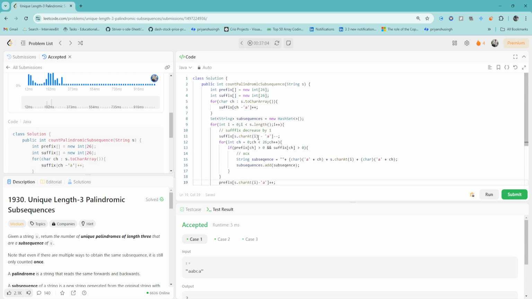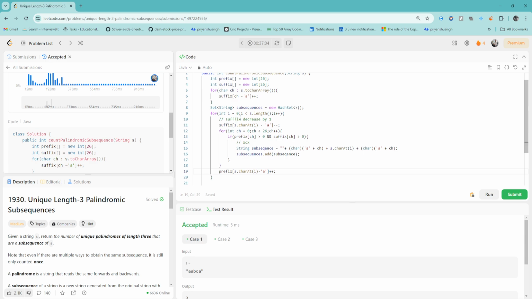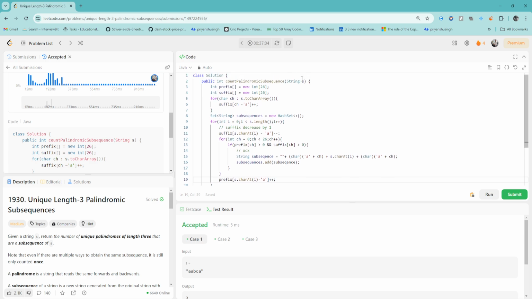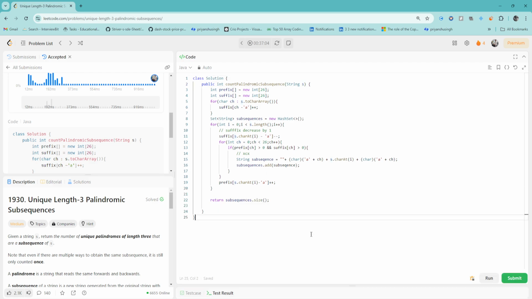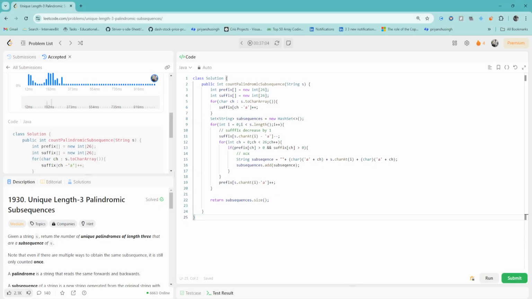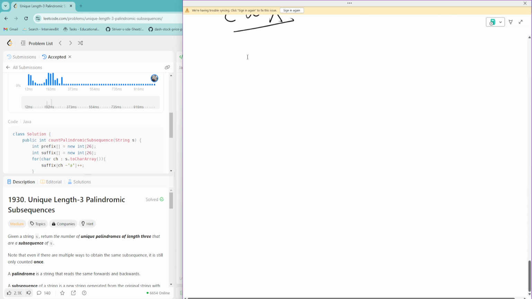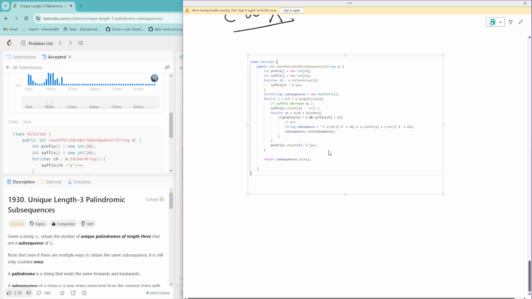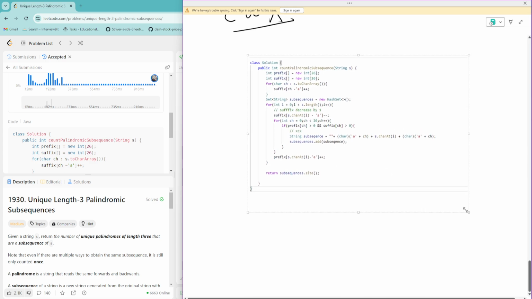Now, if we try to find its time complexity, if we consider the size of this string to be n, I'll first paste it, then I'll explain the time and space complexity. The first traversal is taking us order of n time.